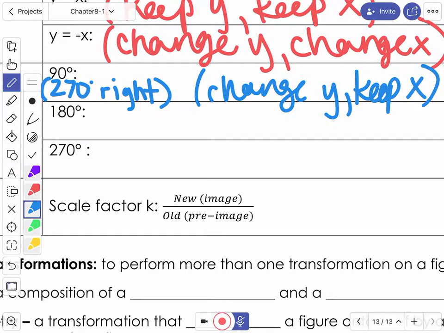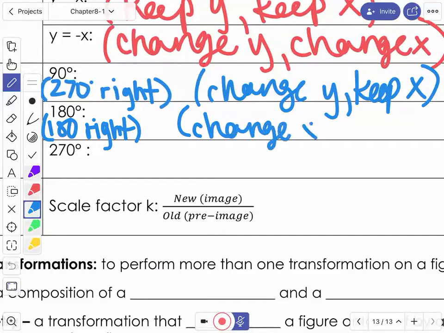Now, the 180-degree rotation was the same either way, left or right. That didn't change, but 180-degree rotation said change the x, leave that number in the front, change the y, leave that number at the end.